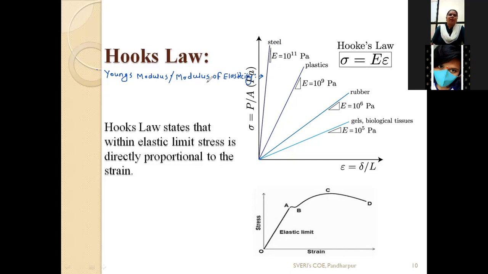Okay. So this Young's modulus or modulus of elasticity is denoted by using capital letter E. So E is equal to normal stress, denoted by sigma, divided by normal strain, denoted by epsilon. So E is equal to sigma upon epsilon.